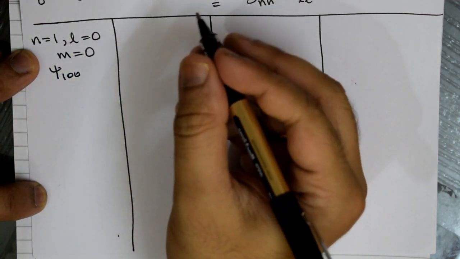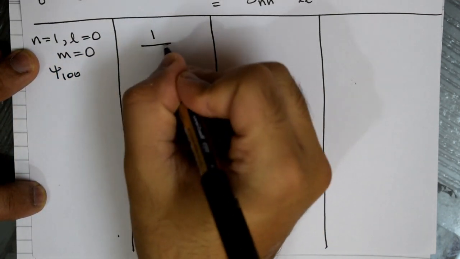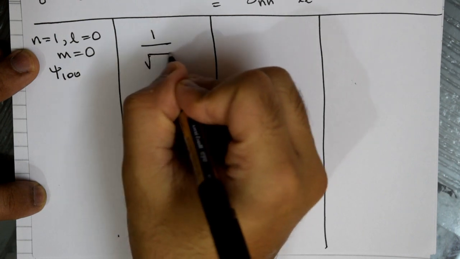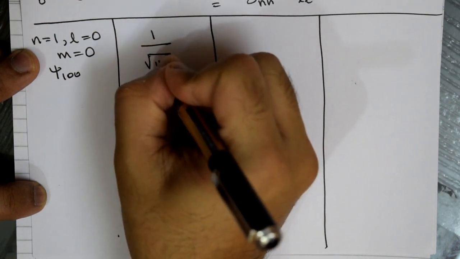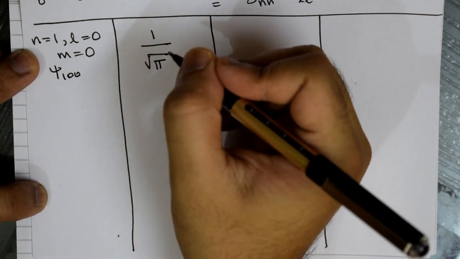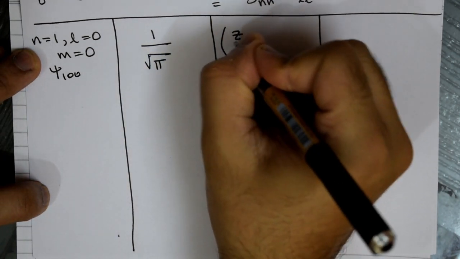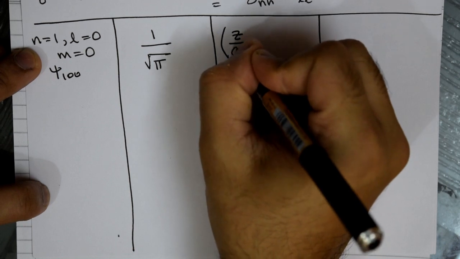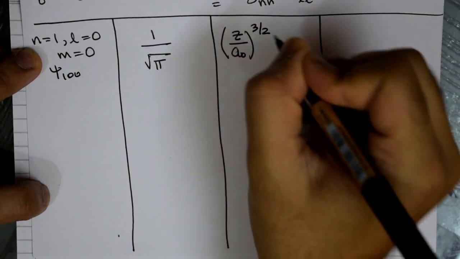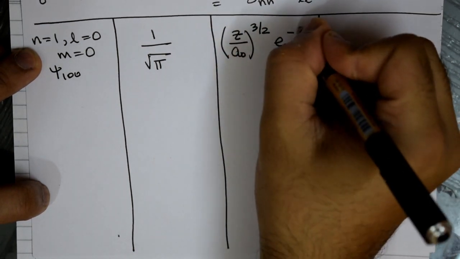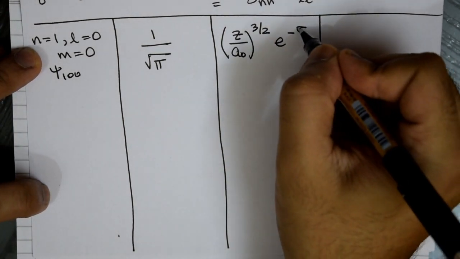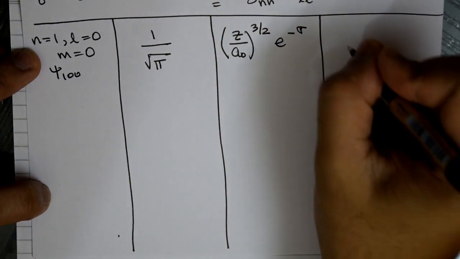In this case, the normalization is going to be 1 over square root of pi. Remember, this also takes care of the angular part, times Z over a naught to the power 3 by 2, e power minus sigma. The sigma we will once again define when we write it, and the angular part is 1.